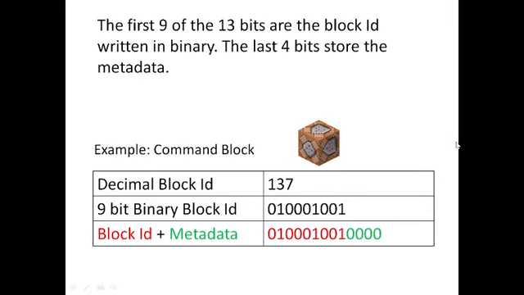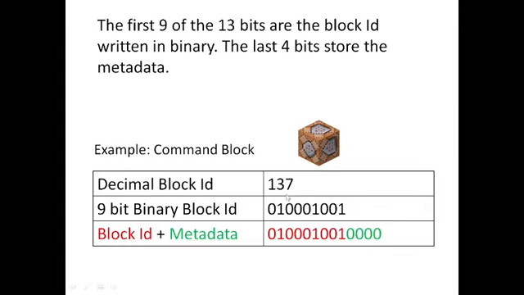So in the registry palette, for each block it stores the block ID and the metadata. And it stores them in 13-bit numbers. The first 9 bits of every 13-bit number will store the block ID in binary. For example, if we have a command block, it has a block ID of 137. If you write it down as a 9-bit binary number, then you get 0, 1, 0, 0, 0, 1, 0, 0, 1.